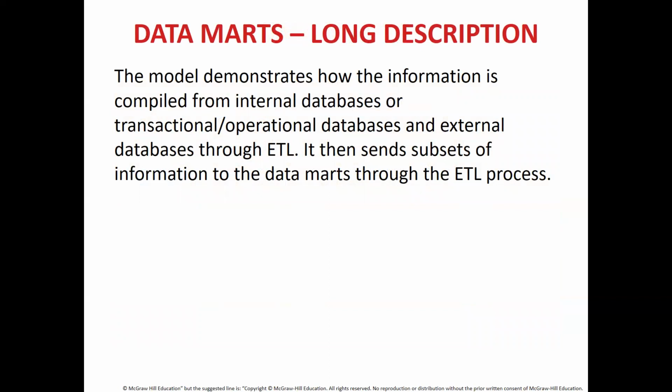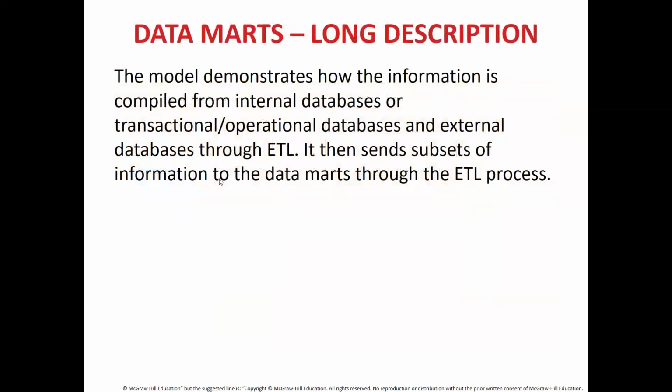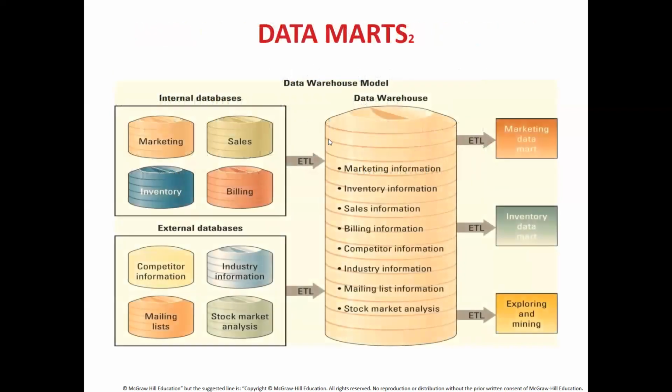The model demonstrates how information is compiled from internal databases or transactional operation databases and external databases through ETL. This is what the diagram here is referring to. It then sends subsets of information to data marts. So you have the data warehouse and then subsets.